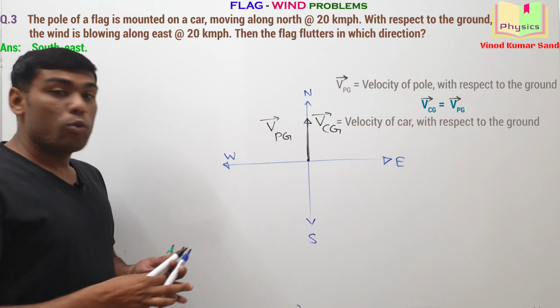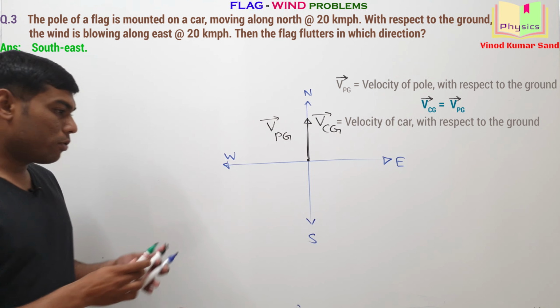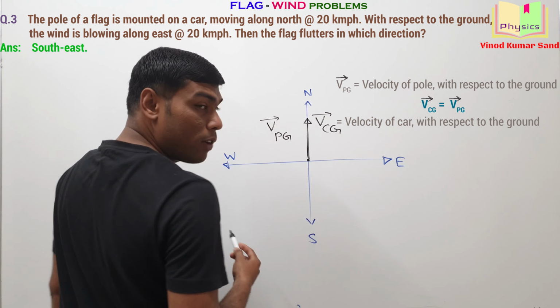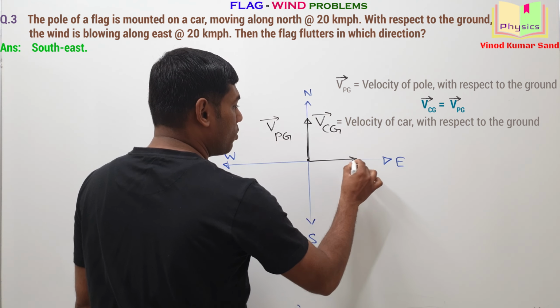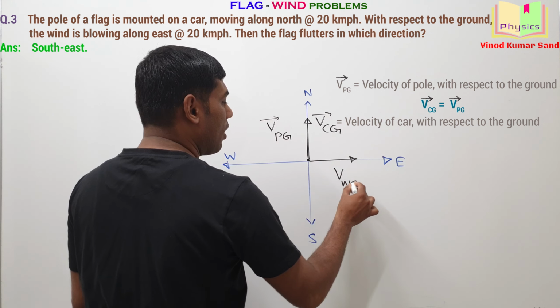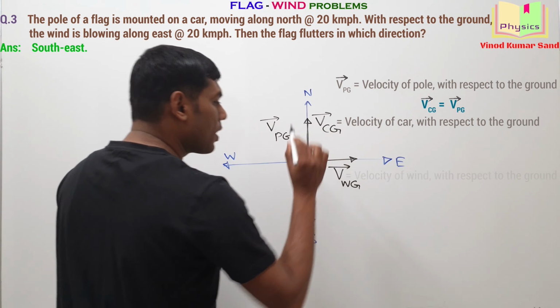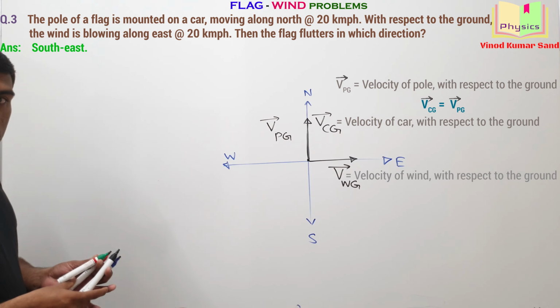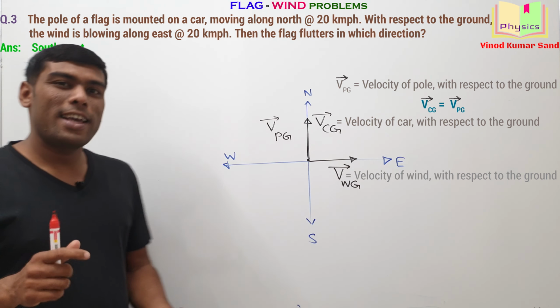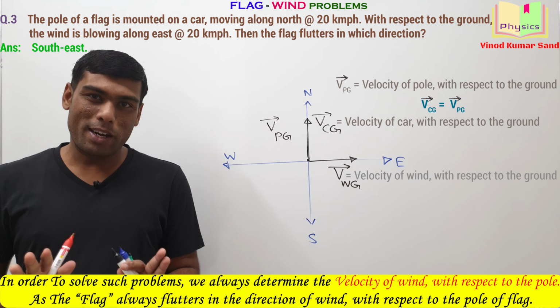Now, we mark the direction of the velocity of the wind. We know that velocity of the wind with respect to the ground is given along the east. And according to the concept, the flag will flutter in the direction of the wind with respect to the pole.